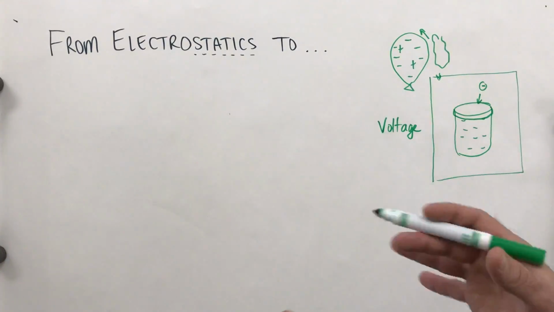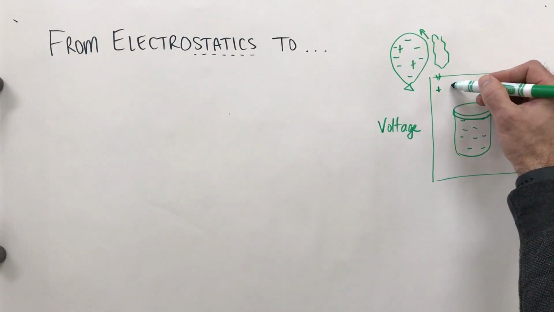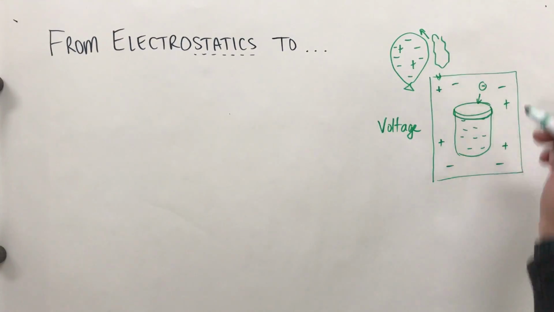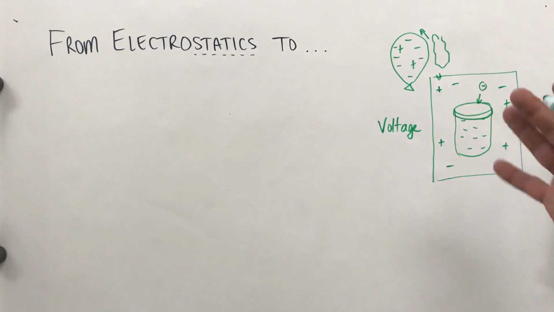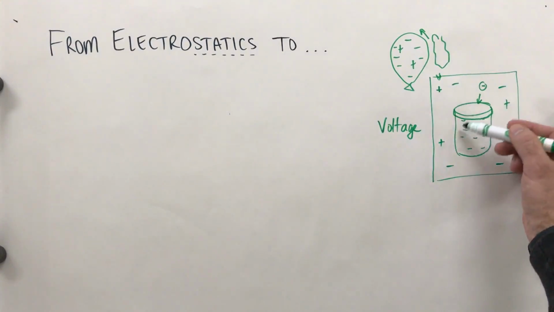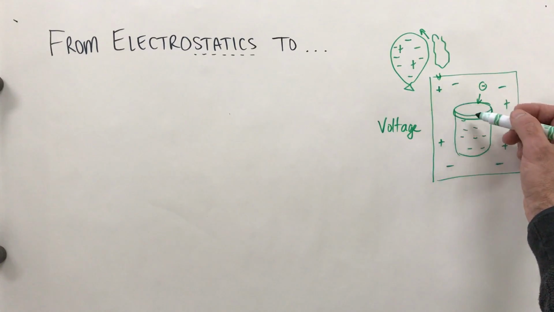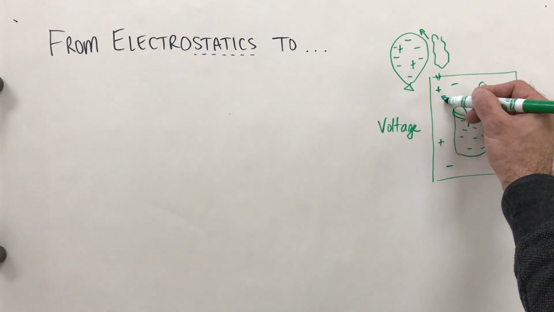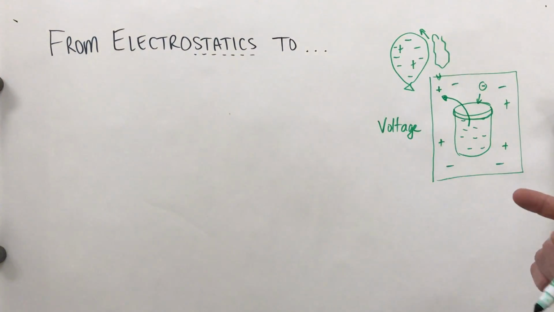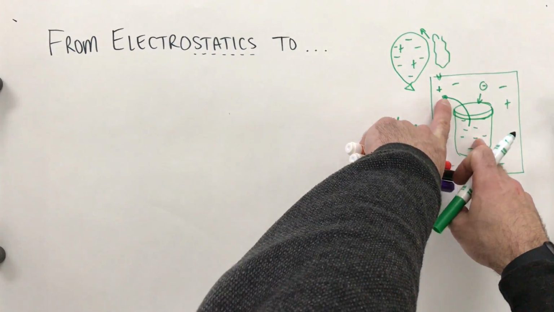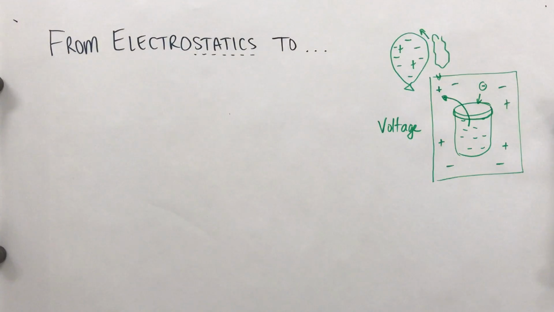So if we think about normal air in the room, normal air in the room is going to have negatives and positives around also. So is that going to be a place these electrons can go? Well, yes, because in the jar we've got all these electrons that are all crammed together. If they came out of the jar, they could go from here out into the room. There's a desire for these charges to go to another location. So we would say in a comparison between these two places, there is a voltage. There's a desire to go from one place to another, okay?